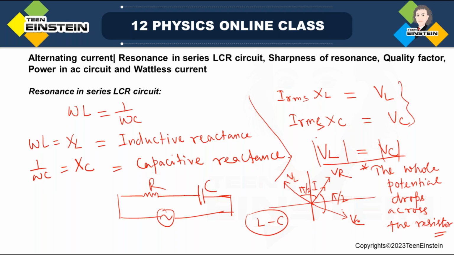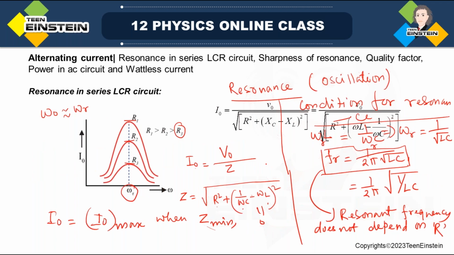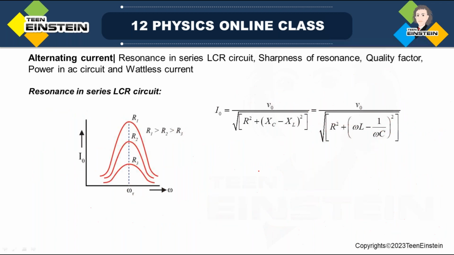We have already seen what resonance is. The condition for resonance in an LCR circuit is XL equal to XC.